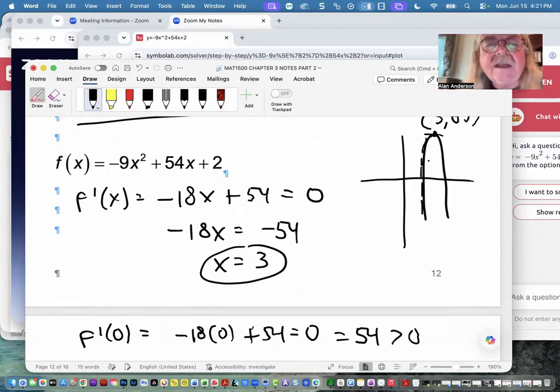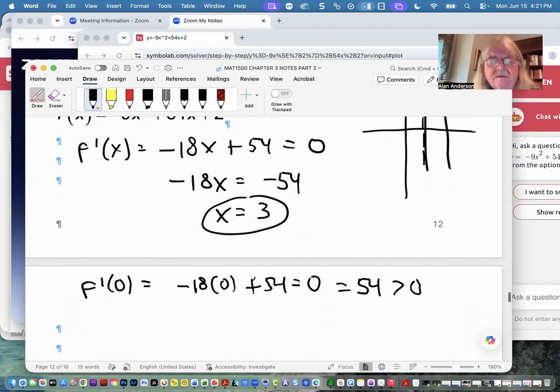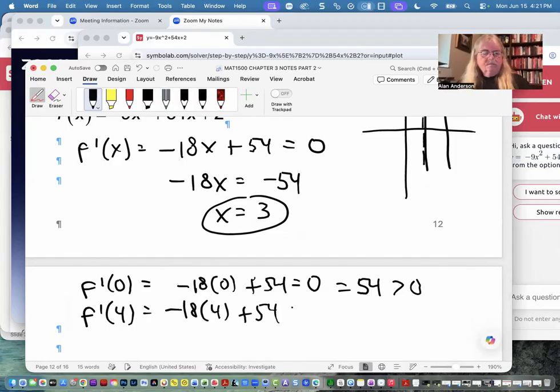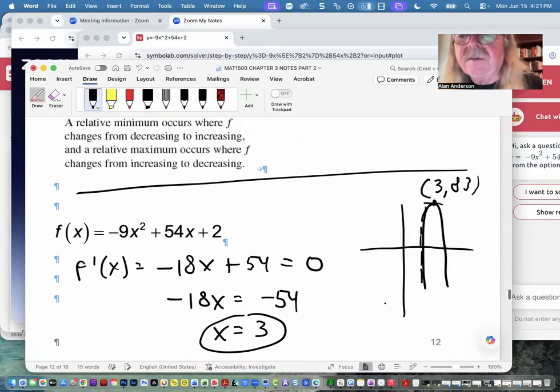And then to the right, let's just choose, let's say 4. And we end up with a negative number. So that means we go from positive to negative. And that's how we know this is a relative maximum.